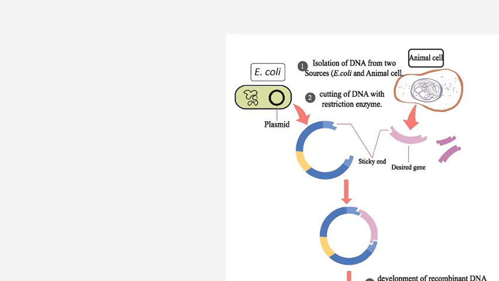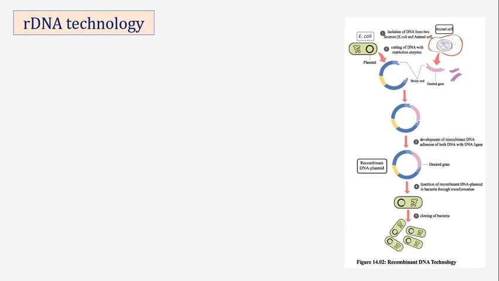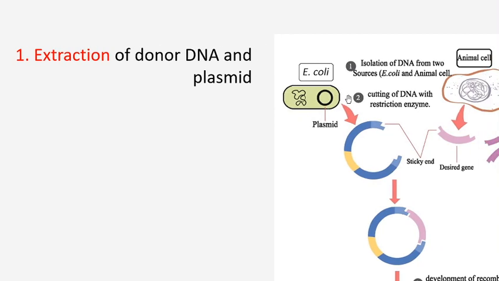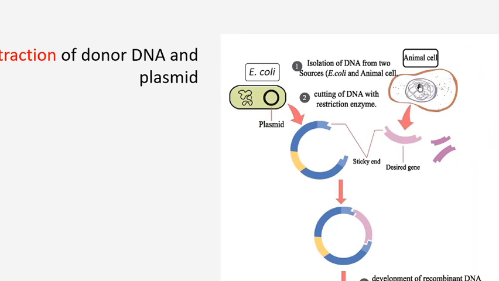So for the production of insulin inside bacteria, we can apply recombinant DNA technology. When we start, at first, we have to extract the donor DNA and the plasmid. In this case we want to produce insulin hormone inside E. coli bacteria, so we have to isolate the insulin gene from the human body cell.